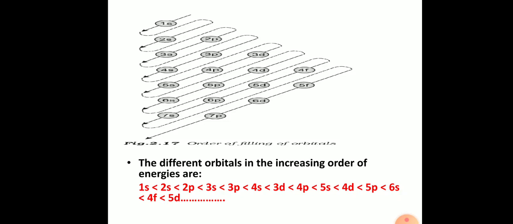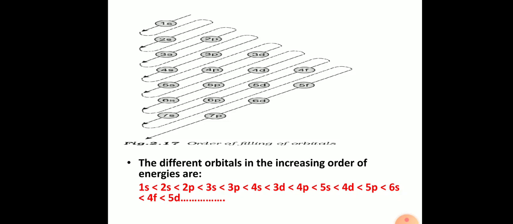Exactly here we don't have 1p, so it starts from 2p. Similarly, d starts from 3. So 3d will be exactly in the same line as 3s and 3p, then 4d, 5d, 6d, and 4f exactly in the line of 4.